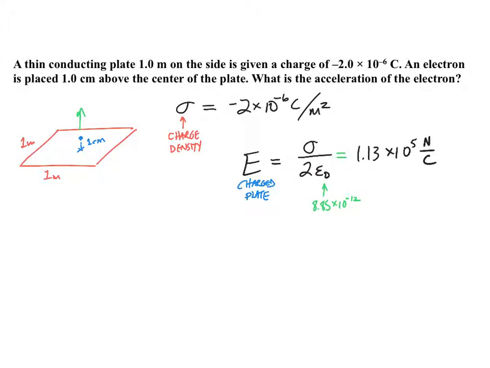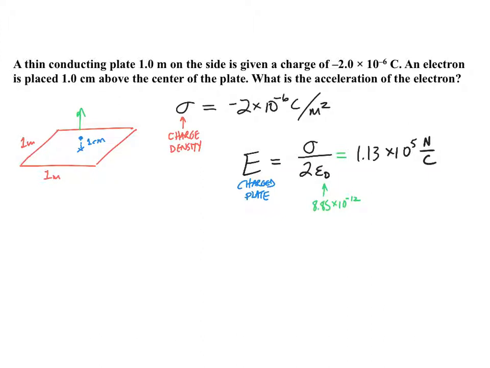And remember, each of these problems serve as nice ways to keep reinforcing ideas, and these are abstract ideas. The concept of an electric field is an abstract idea, okay?